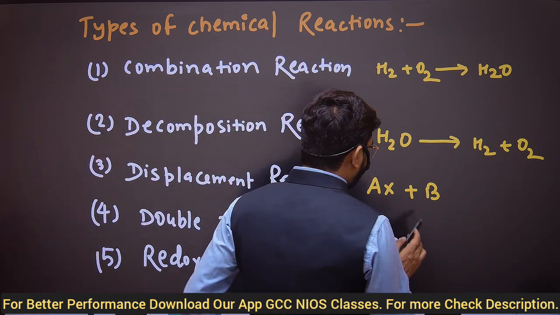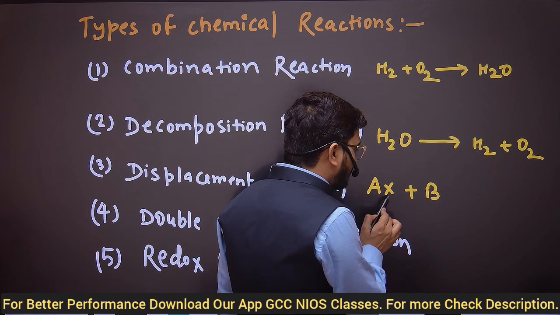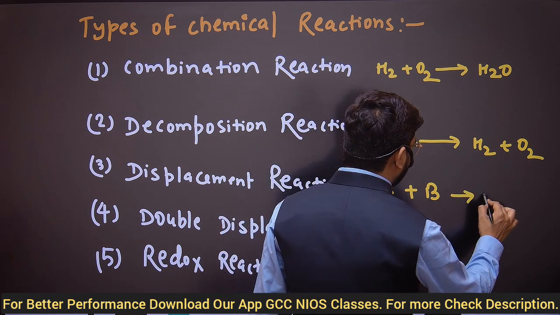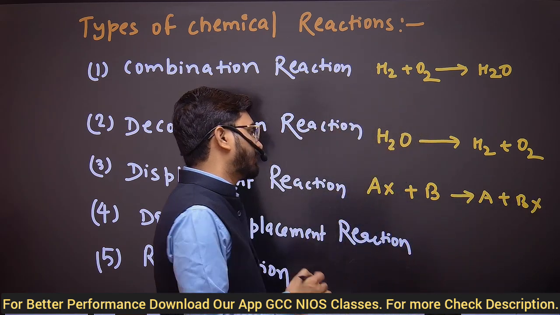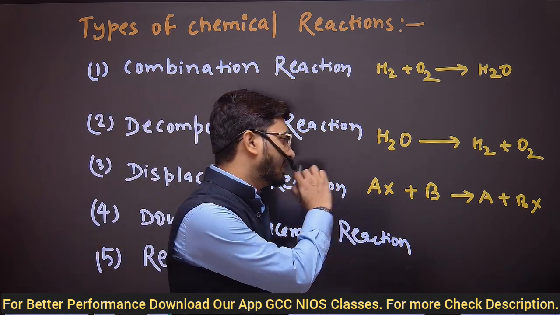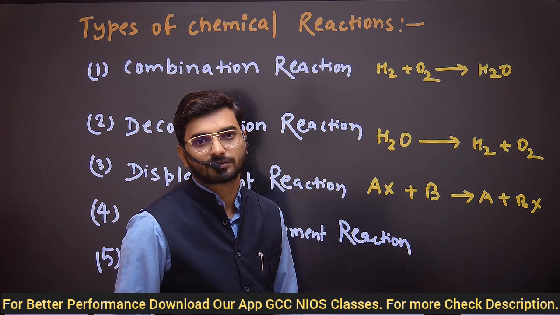So the negative ion of this compound will transfer to go with this one and it will make A plus BX. Because here a displacement occurs, this type of reaction is known as a displacement reaction. Is it clear or not?